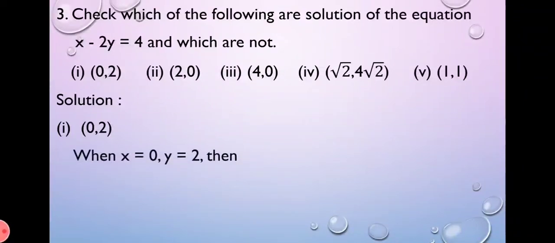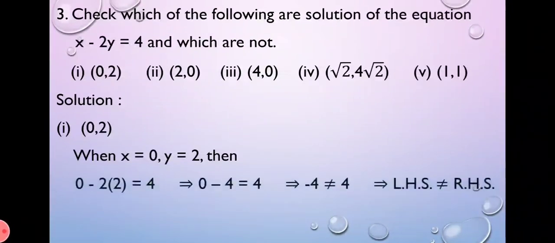When x equal to 0, y equal to 2, you can see the pair is given as (0, 2). So x value is 0 and y value is 2. Let's put the values of x and y in the equation and check whether left hand side is equal to right hand side or not.